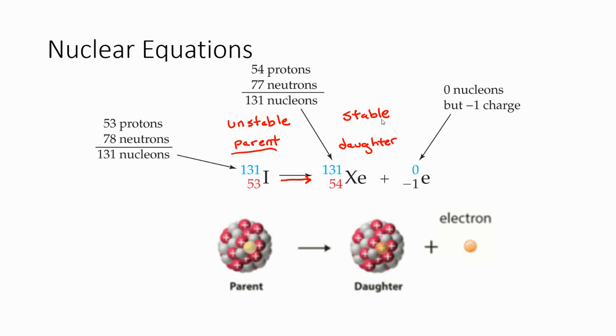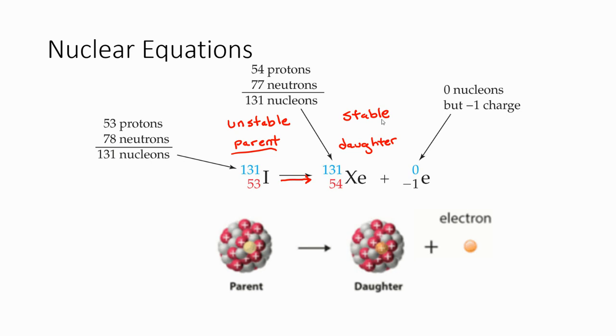The nice thing about keeping up with daughter and parent isotopes within a nuclear equation is that the numbers that we associate with individual isotopes, like the atomic number and the mass number, have to stay equal or balanced on the left side and the right side of the equation.